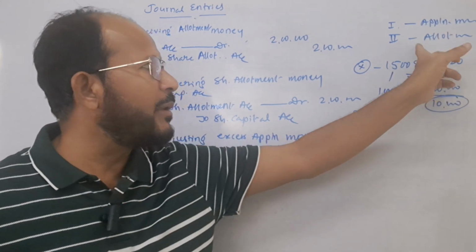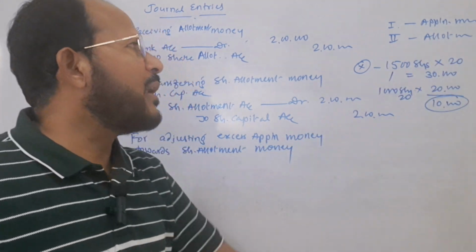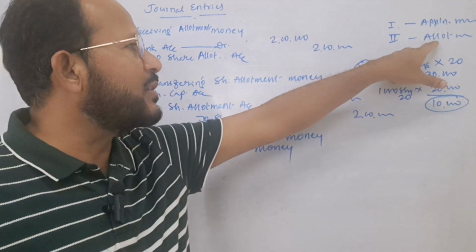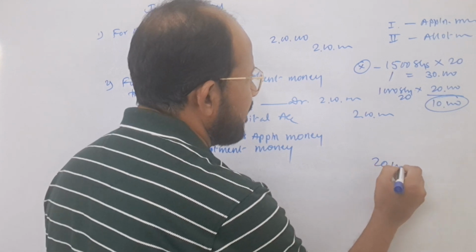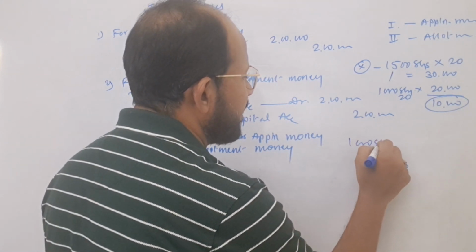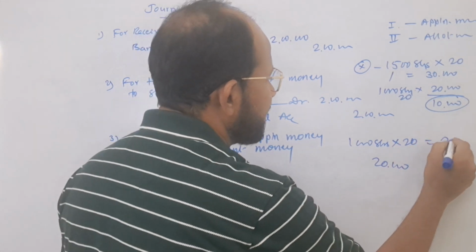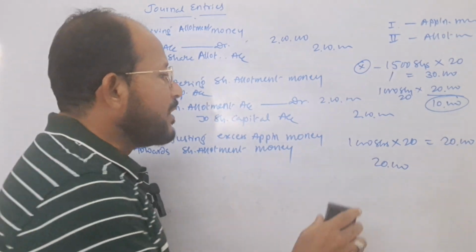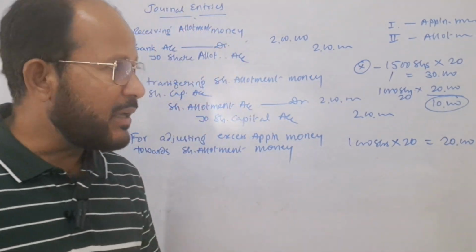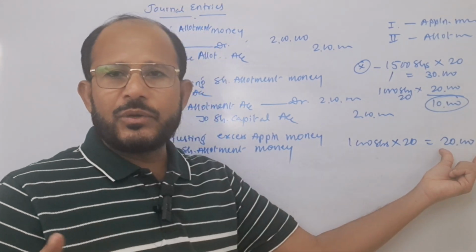What is the next installment? Allotment money is there, then first call is there, second call is there. But here second installment, that is allotment money, assume that comes to rupees 20,000 again, because 1000 shares are there. Therefore, on 1000 shares he has to send rupees 20 per share, which comes to rupees 20,000. But now when the shares are allotted, Mr. X is not going to send rupees 20,000 to the company.